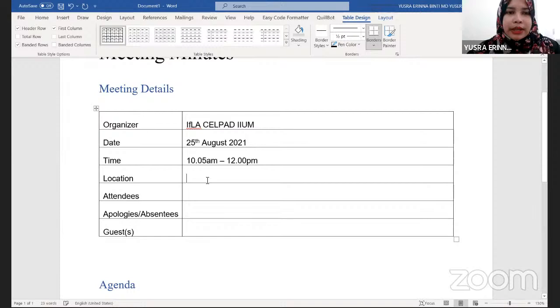For location, if it's online, you just mention, for example, we are using the Zoom platform right now. Attendees: if it involves the whole department, you can just use the things that I've shown you before, for example, all were present.